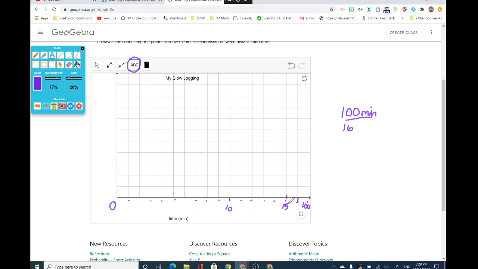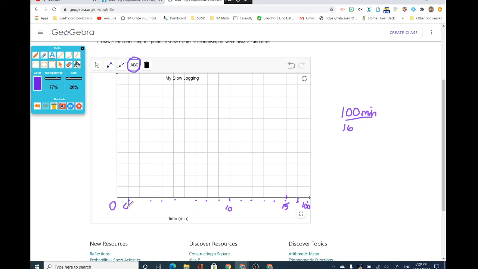How about each tick mark is worth, let's do this. Each tick mark is going to be worth 6 minutes. Okay, let's do that. Each tick mark here is going to be worth 6 minutes.